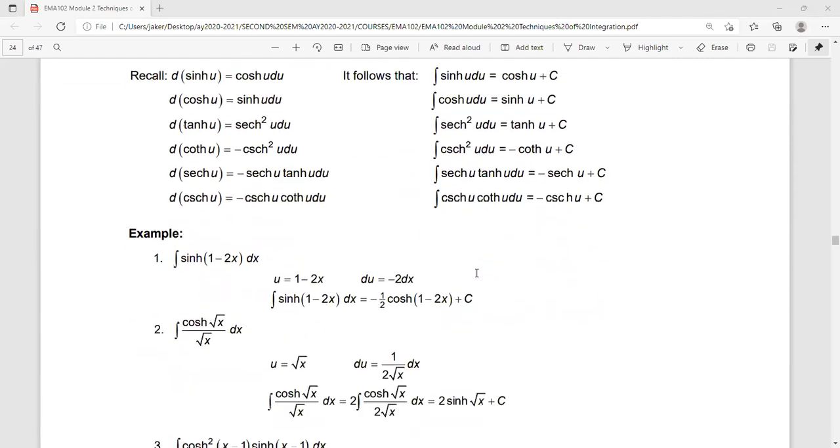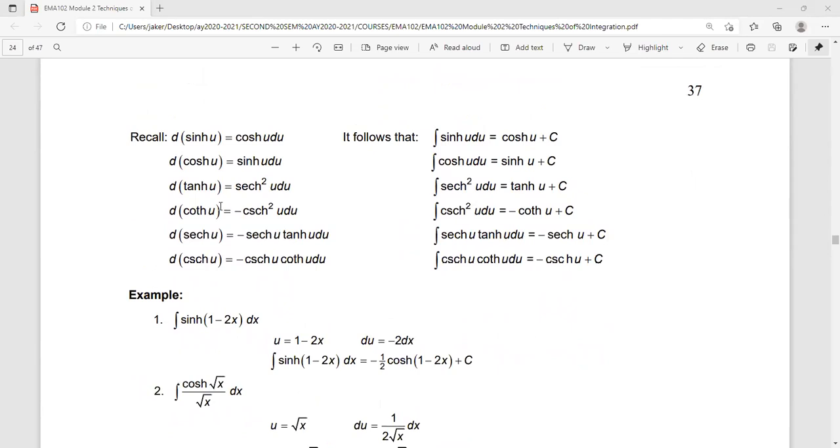Now, last sem, you have learned the derivatives of the hyperbolic functions. There are 6 of them: sine, cosine, tangent, cotangent, secant, and cosecant. So these are their derivatives. Just like any function, when you integrate the derivative of a given function, you go back to the original function which you differentiated.